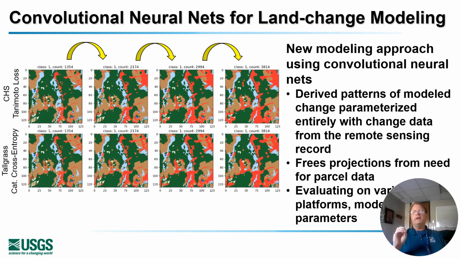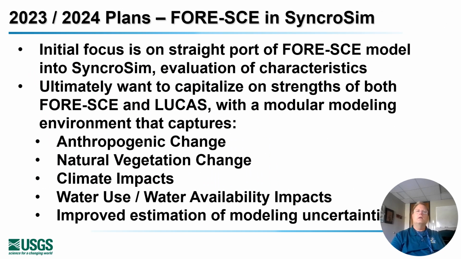It also eliminates the need for parcels. So this is really a new ground-setting capability that we're trying to develop with the 4C model that helps us eliminate some of those needs that we had with the older modeling approach, and helps us develop a new, hopefully cutting-edge approach to modeling land cover change.